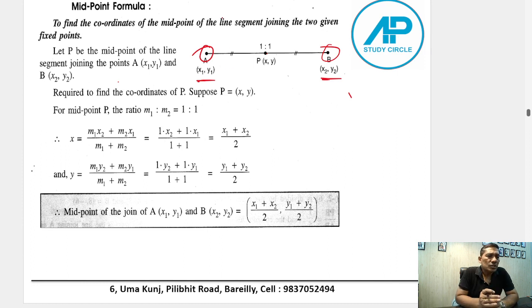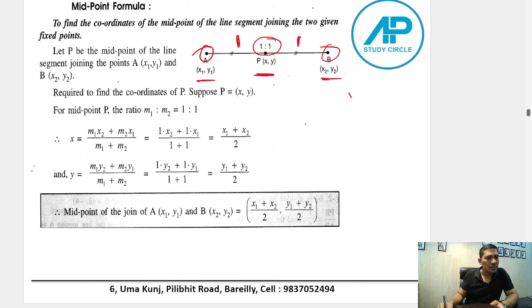When I change the ratio to 1:1, then the dividing point becomes the midpoint of the line joining the two given points A and B. So here you can see I have this ratio of 1:1, with point P dividing the line.